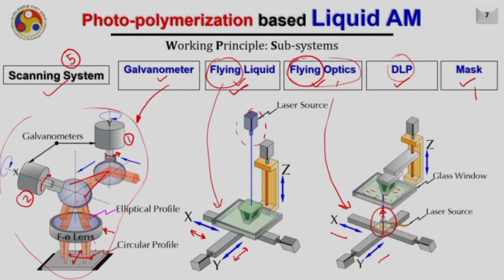Next is the mask. As you can see, if we want to scan, for example, this particular layer, and the material is available here, what we can do is develop a mask on which there will be opaque material available here.